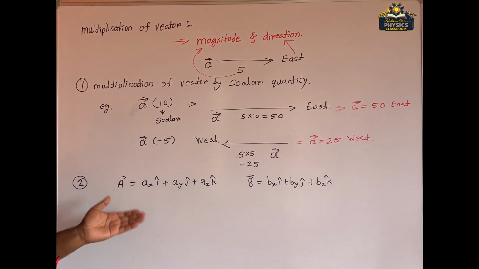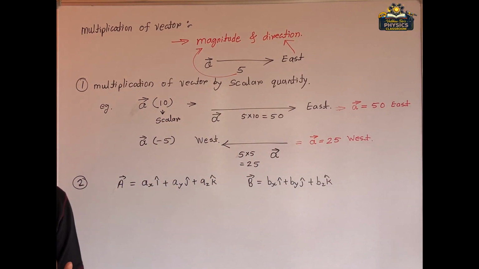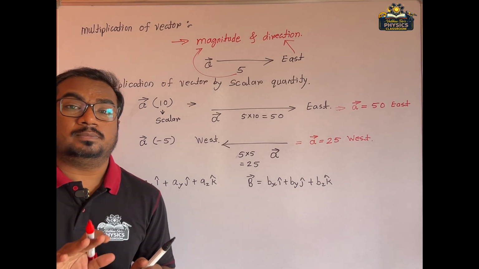These are the components of the vectors in Cartesian form. So we have two types of multiplication of vectors.